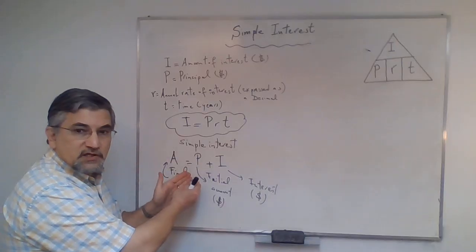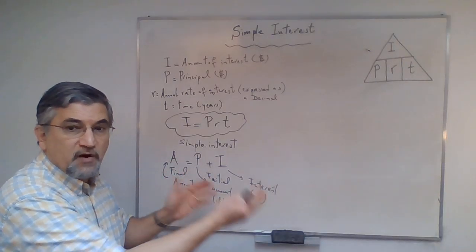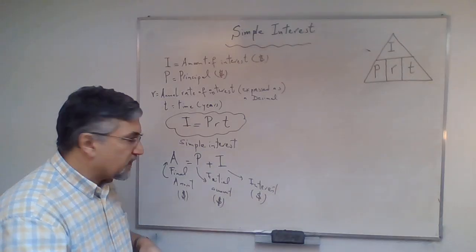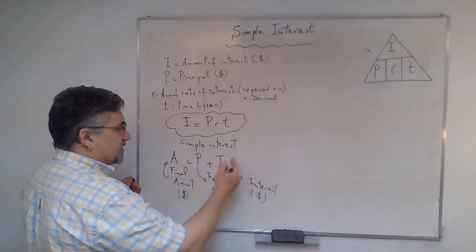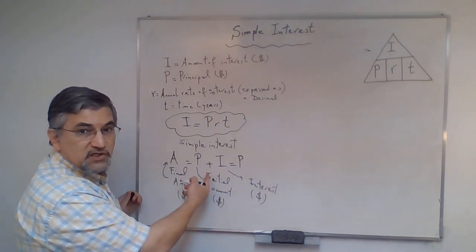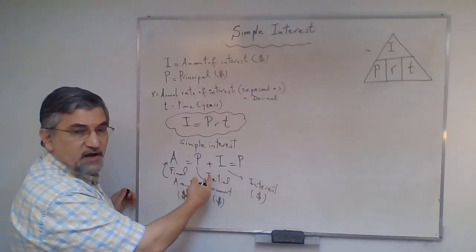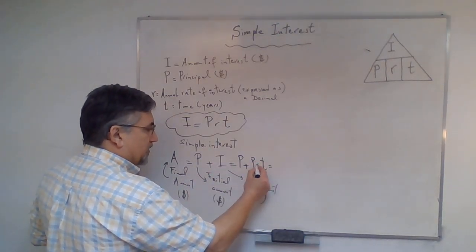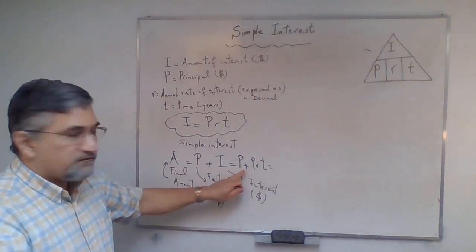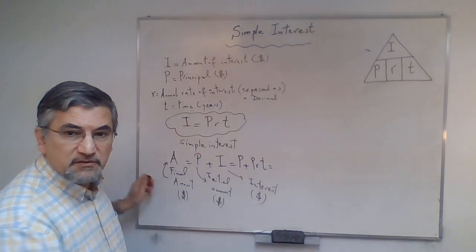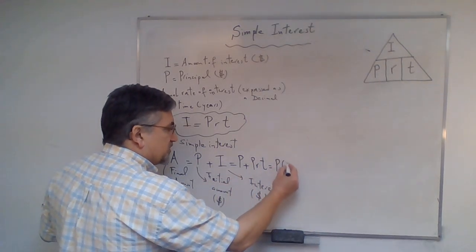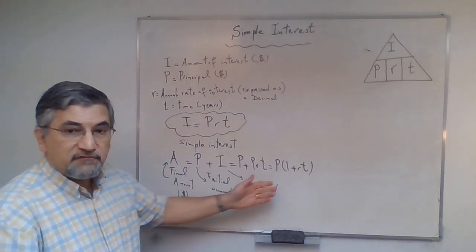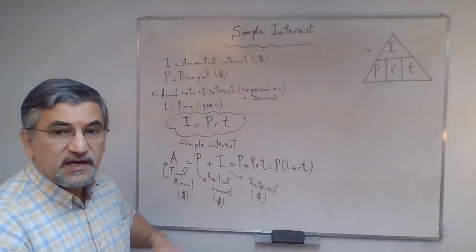Whatever you had initially, plus the amount of interest you received from the bank as an investor, add them up, that's the final amount in your account. But we just said that the simple interest amount, capital I, is actually PRT. So if I substitute and factor out the GCF, greatest common factor, I end up with P times 1 plus RT, which is a formula you can use to find the final amount.